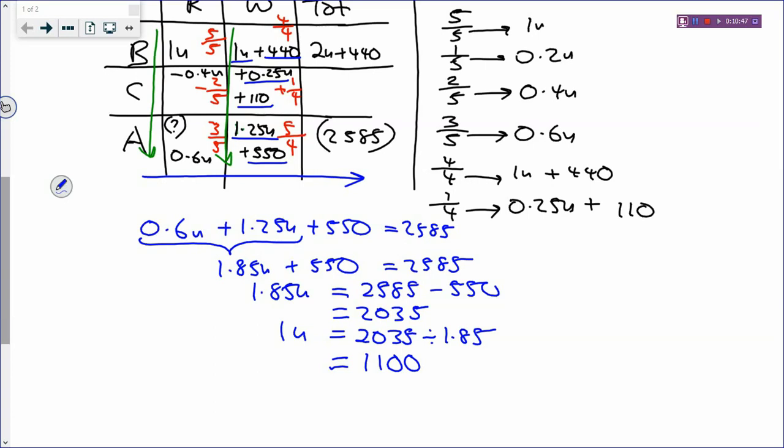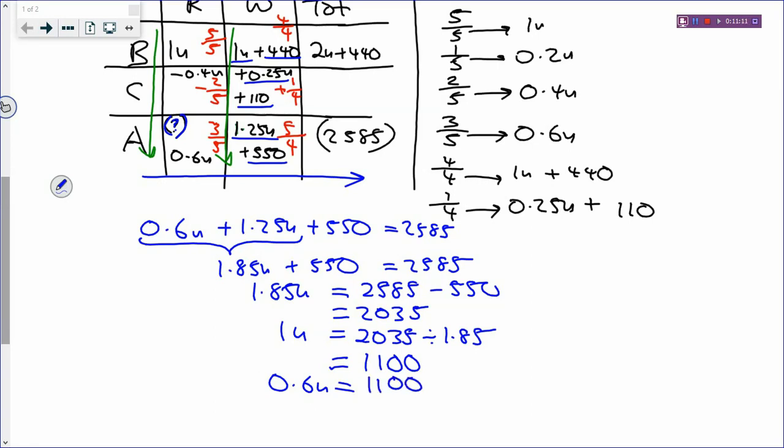Once you get 1 unit, you are almost done. So you go and look for the question mark in the table. Where is your question mark in the table? It is to find how many rate bits in the end, and that is 0.6 units. So how do you find how many is 0.6 unit? You go back to 1 unit. 1 unit is 1100.